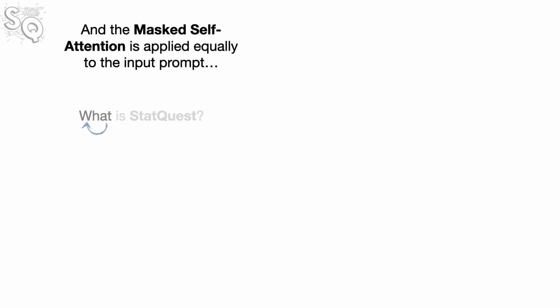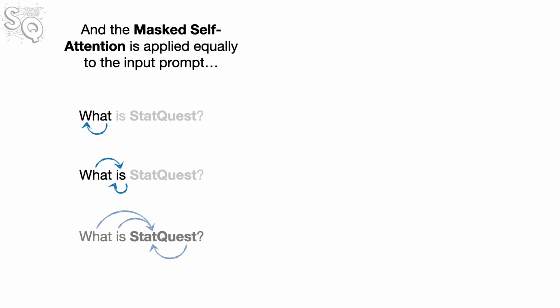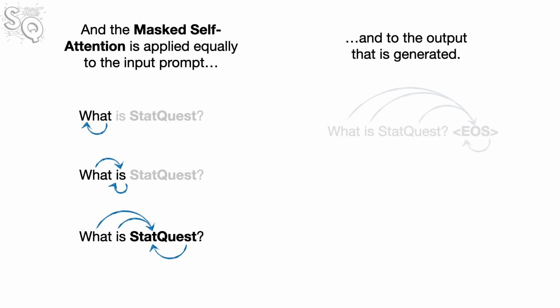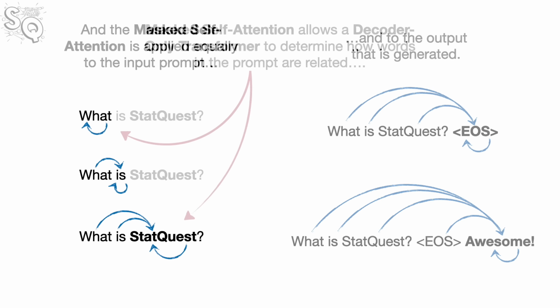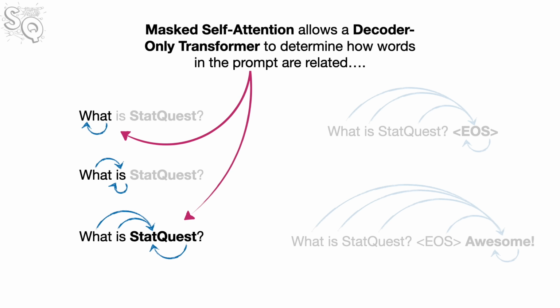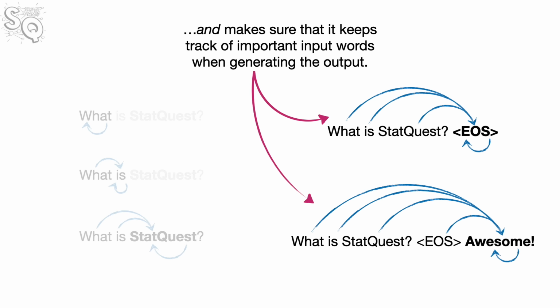And the masked self-attention is applied equally to the input prompt and to the output that is generated. Masked self-attention allows a Decoder-Only Transformer to determine how words in the prompt are related and makes sure that it keeps track of important input words when generating the output.